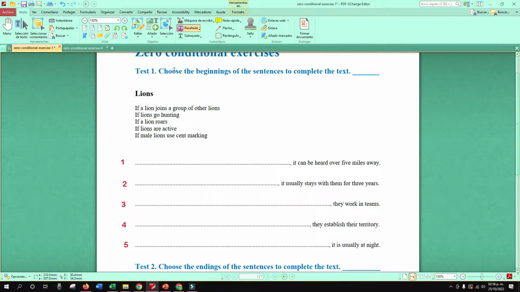For example, if we say this, it can be heard over 5 miles away. Which could be the best beginning for this sentence? Tú puedes oírlo por 5 millas de lejos, ¿verdad? Entonces nos vamos a leer las oraciones. If a lion joins a group of other lions, ¿puedes escucharlo?